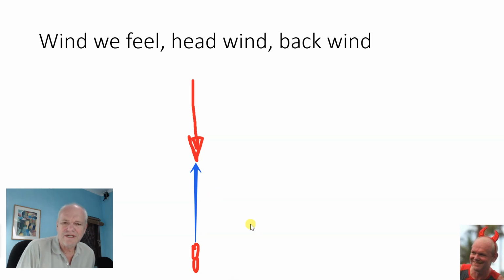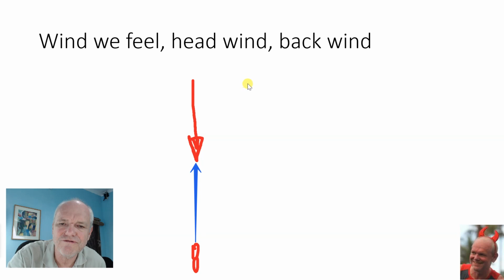Now let's say we are going again at 30 kilometers per hour, but we have a real wind of 10 kilometers per hour. Let's make a drawing on that.